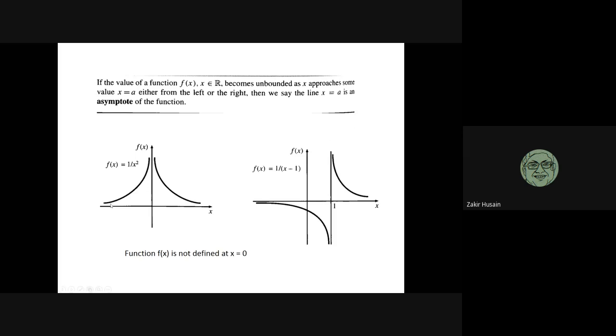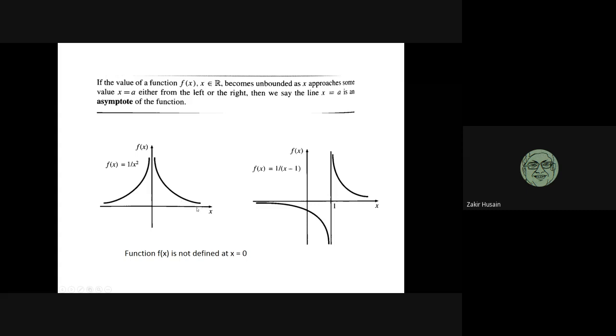Another possibility is that as we are moving like this, let us look at the point x equal to 0 over here. If you have this function, you can see that as x is gradually increased, from the negative side, the value of y equal to f(x) increases, but it never touches the vertical axis.